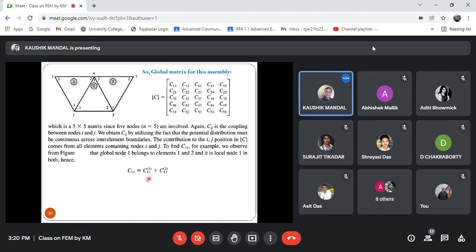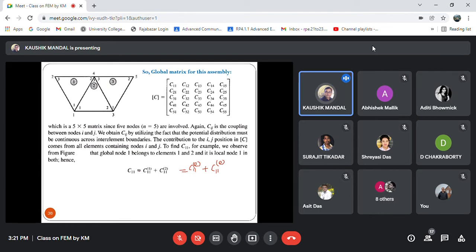So what will be C11? That is C11 of E, basically equal to C11 of the corresponding element, plus C11 of the corresponding other element.